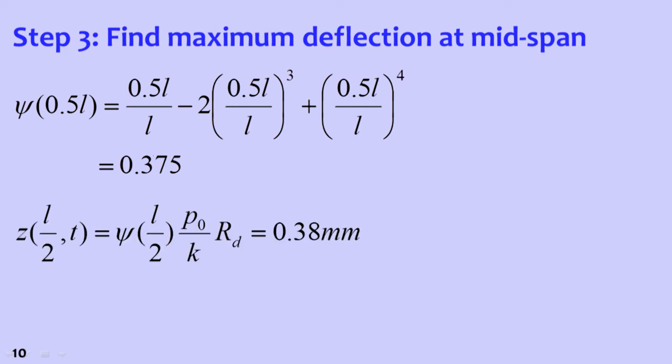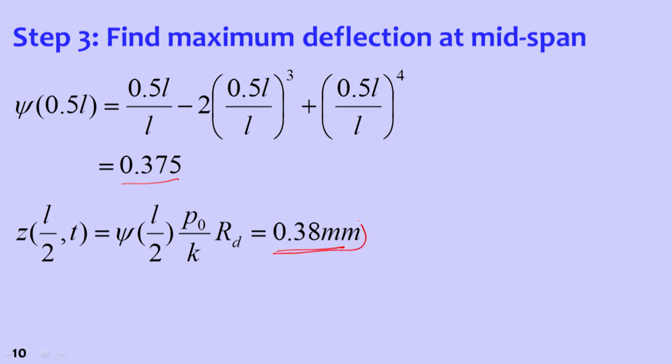Then the maximum deflection will occur at the peak value of z and at L by 2. That means psi at L by 2 times P naught by k into Rd. If you substitute these values, the P naught by k Rd value and psi at L by 2, finally what we get is 0.38 millimeter as the deflection because of the loading applied by people in a dynamic manner.